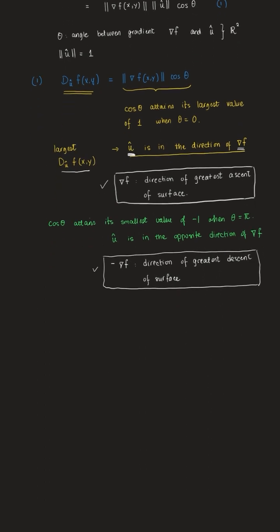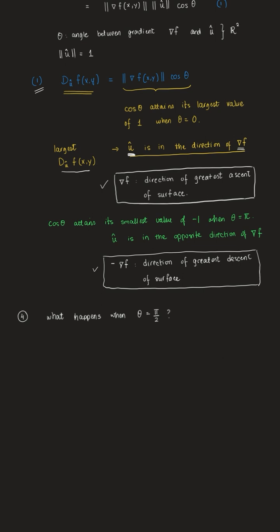Another finding that comes from our relation in 1 is the following. What happens when theta is pi over 2? I'm going to call this number 4 just to separate them a little bit. So what happens when the angle between the gradient and our unit vector is pi over 2?